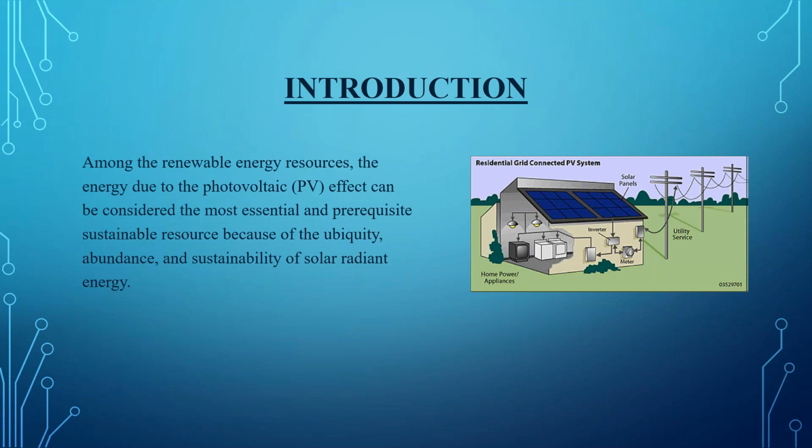Regardless of the intermittency of sunlight, solar energy is available at scale. Recently, the photovoltaic system is recognized to be at the forefront of renewable electric power generation. It can generate direct current electricity without environmental impact and contamination when exposed to solar radiation.